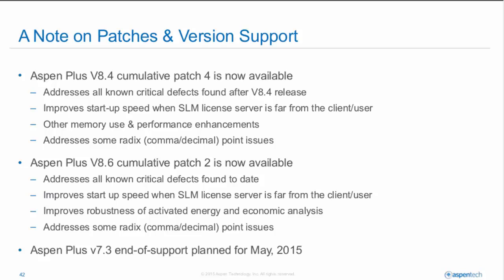So if your licensed server is on one side of the continent and you're on the other, this will make it much faster for your Aspen Plus to kick off when you click it in the morning. We've also improved the memory handling and addressed some radix point issues. These are common decimal issues that might trip you up if you're in France or Germany.